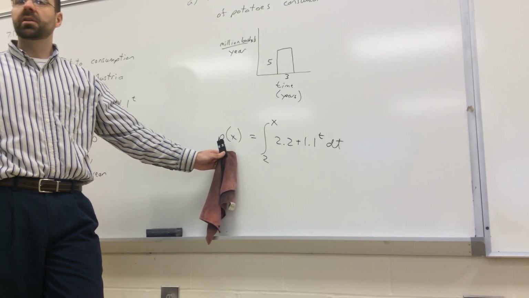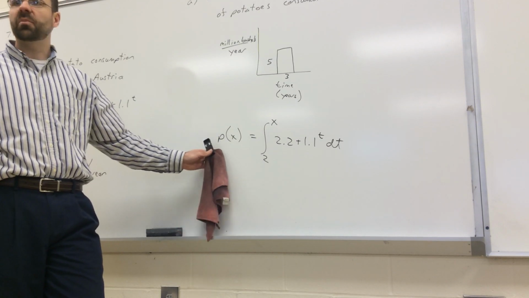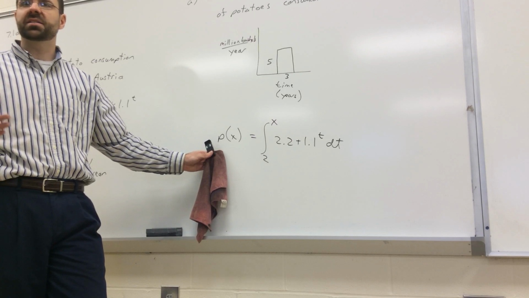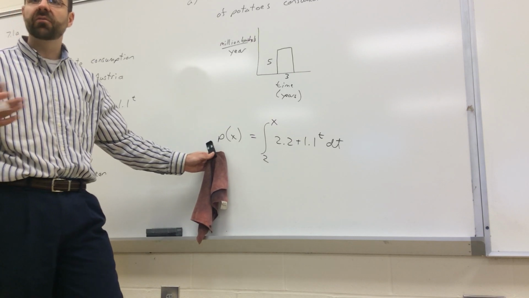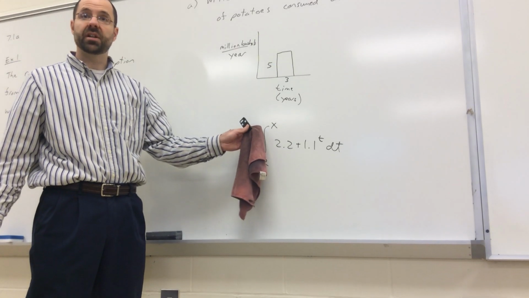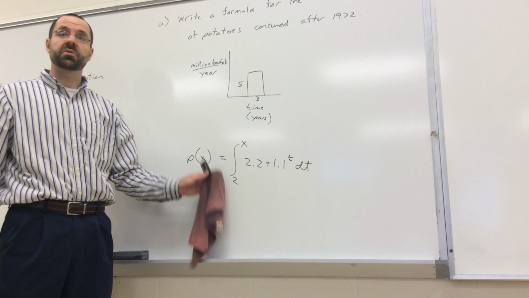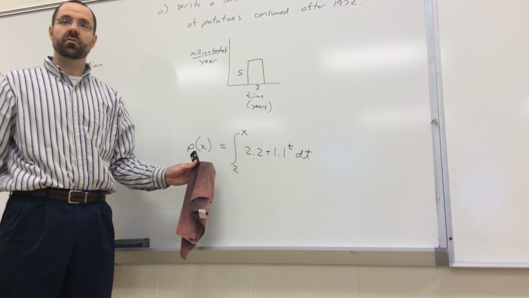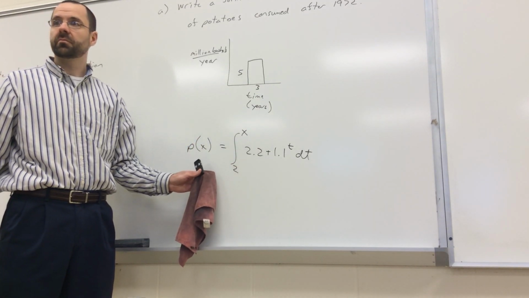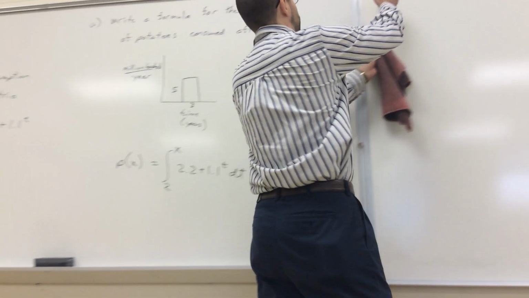So if part B said, how many potatoes were consumed from 1972 to 1975, what would you do? You just put a 5 there for X, right? And then do math from 2 to 5 of this formula. Okay, so that's what we're going to do for part B.